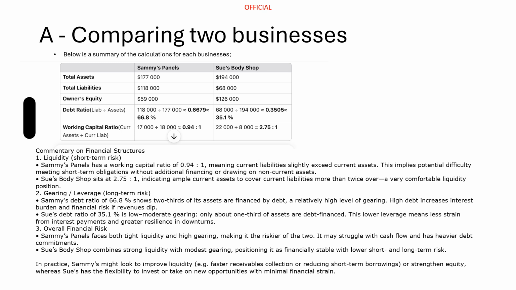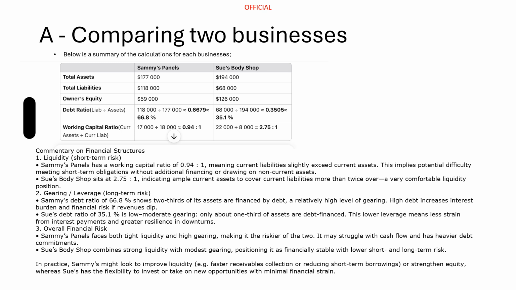So in this table, you can see Sammy's Panels has the total assets, liabilities, owner's equity, and debt ratio, and Sue's Body Shop total assets, liabilities, owner's equity, and debt ratio and working capital ratio as well.